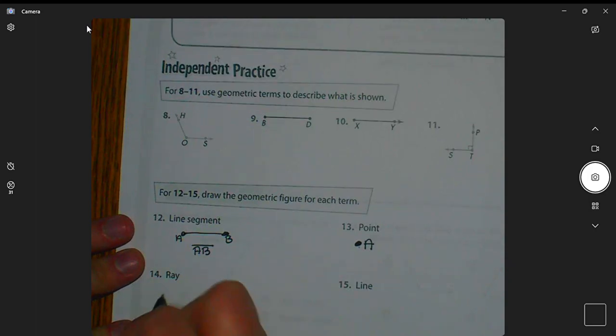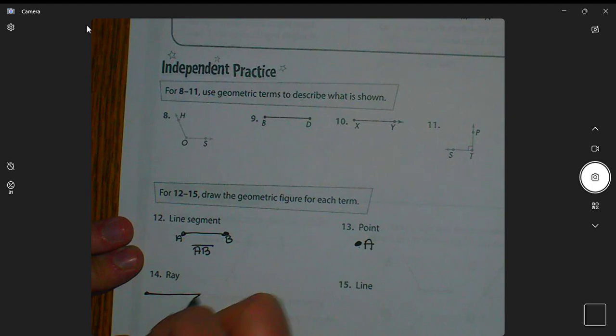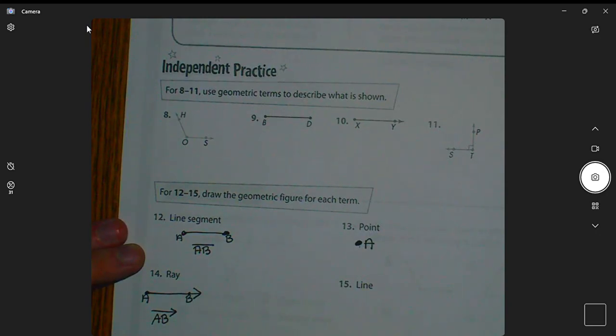A ray. A ray has an endpoint and extends in one direction forever. It never stops. A ray is notated by drawing just a single arrow. So I can say this is ray AB. And then again, I just call it what I see, ray AB.